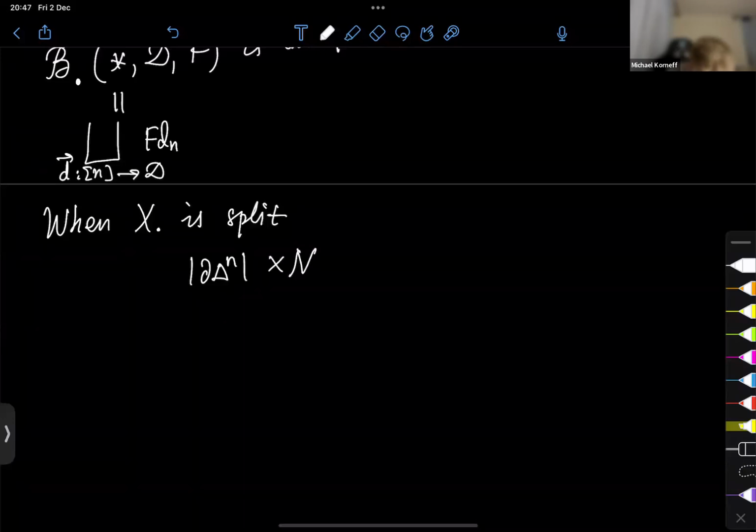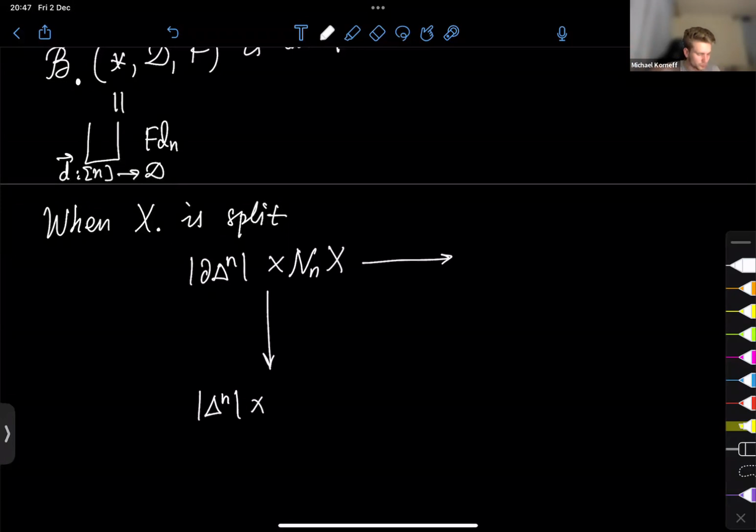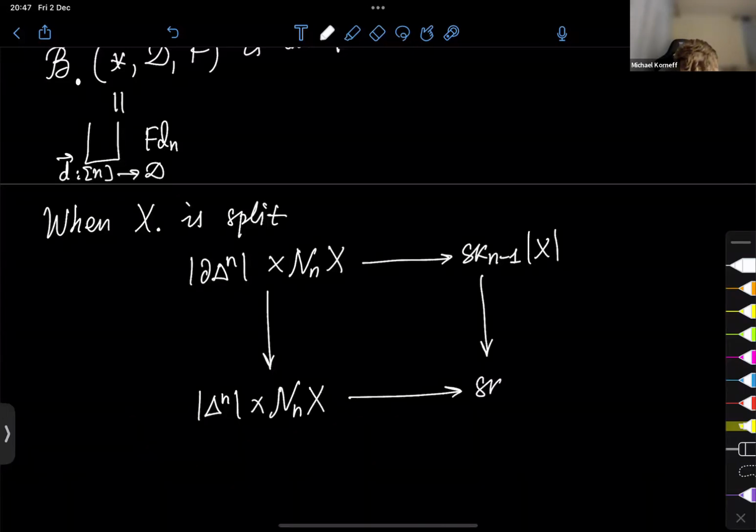We know that we can construct the realization of some simplicial objects just by means of push-outs from the skeletons. We can form this diagram if we have this diagram in the case of the split space X.